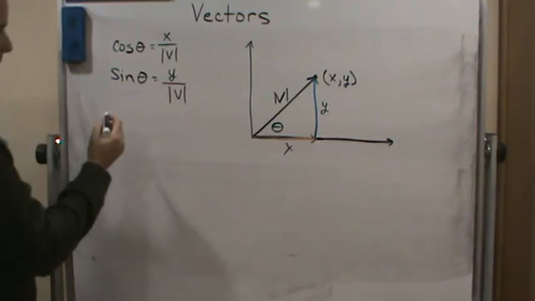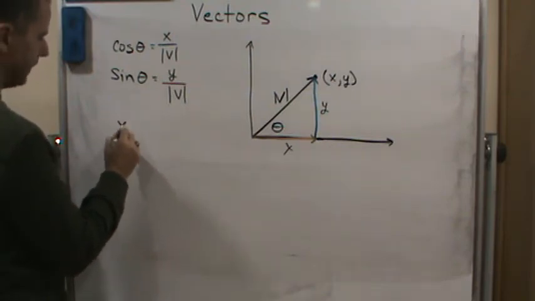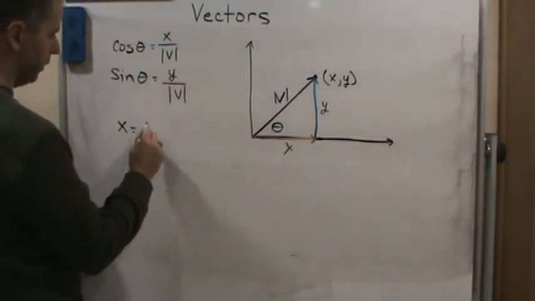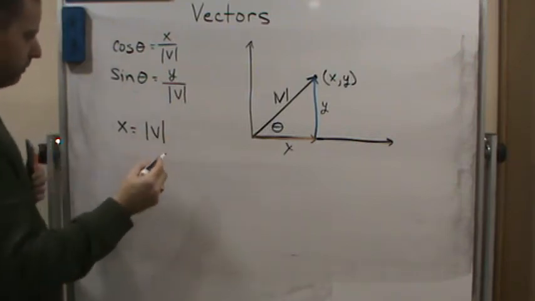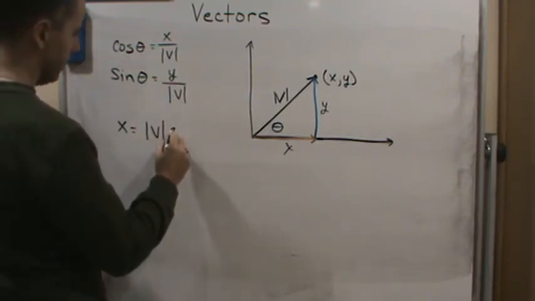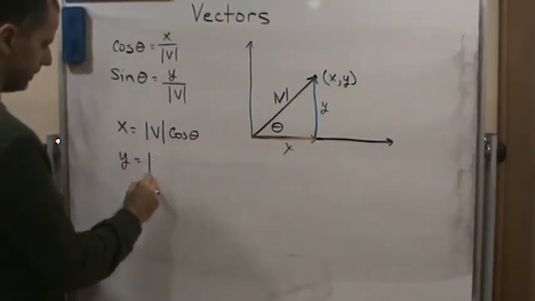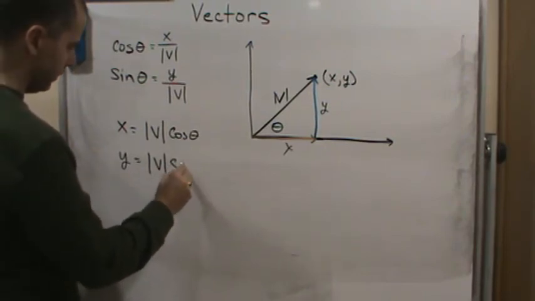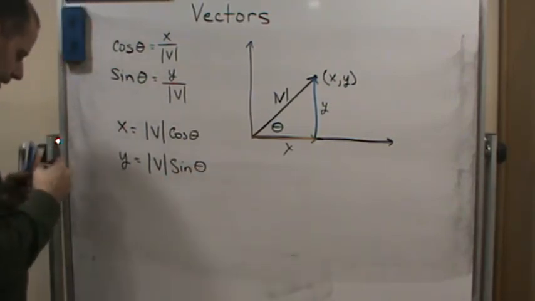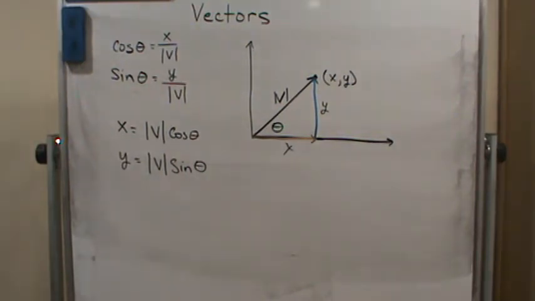It means that we can represent x as the absolute value of v, or the magnitude of v, times cosine theta, and y is equal to the magnitude of v times sine theta. And so now that gives us a way to write the vector using the angle, the direction.